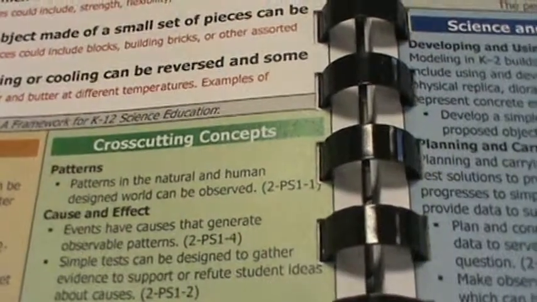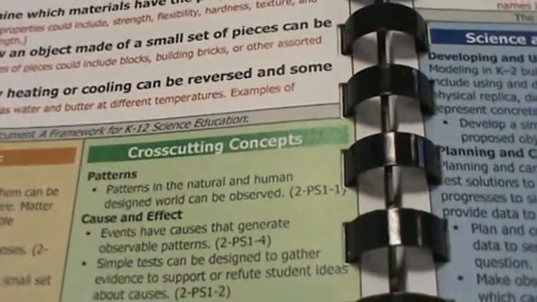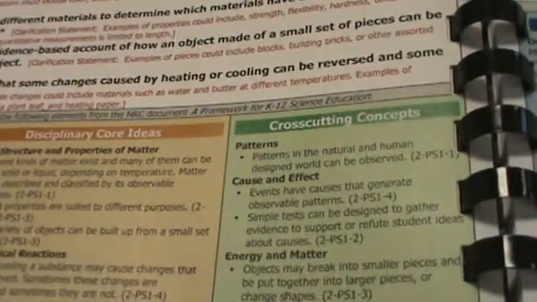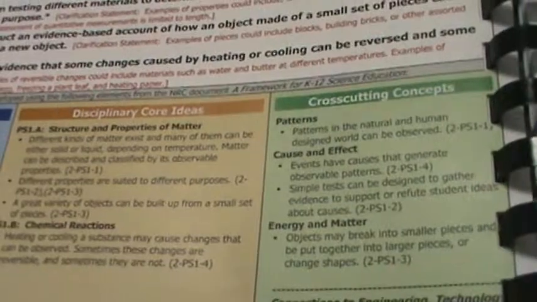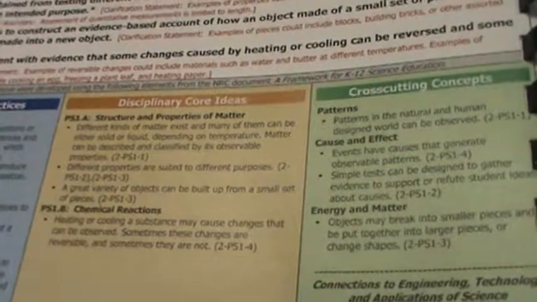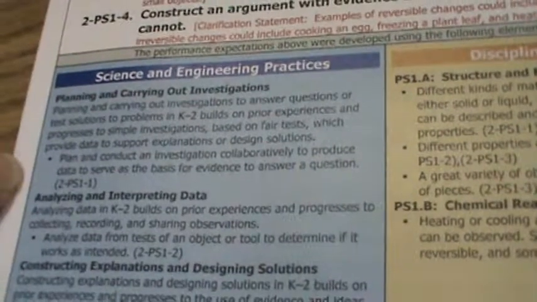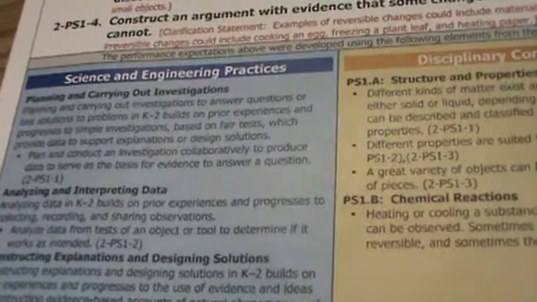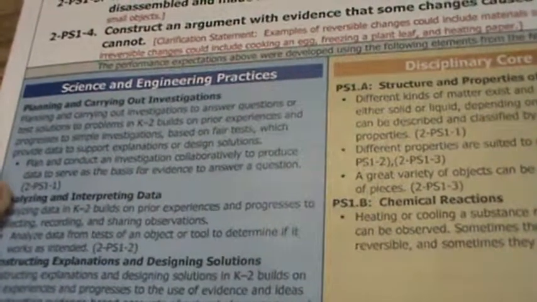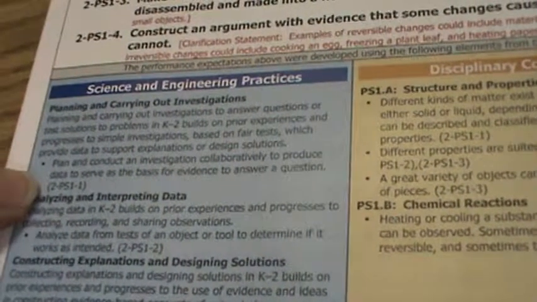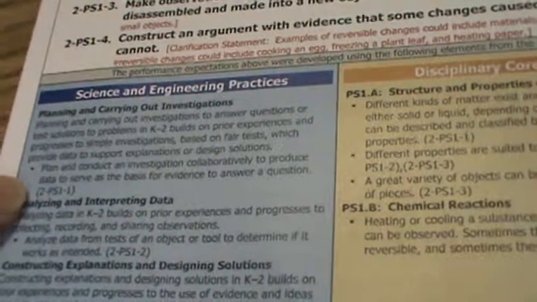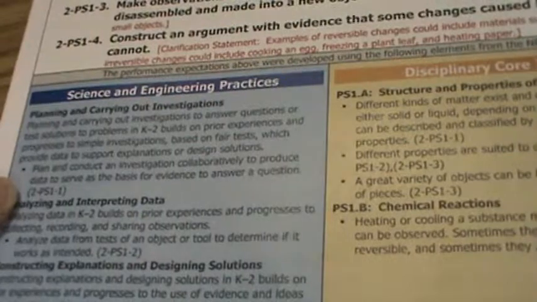Now, I was looking at 2PS1-1. Now, of course, the 2 is for second grade, the PS is for physical science, and it's the first performance expectation. When I look at the practices, the science and engineering practices, I look down through here for 2PS1-1 for the engineering practice that goes with that. So I find it here. I notice that with this performance expectation, I should be planning and carrying out investigations.